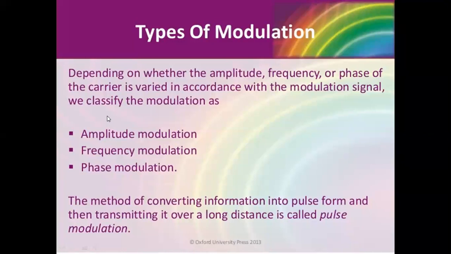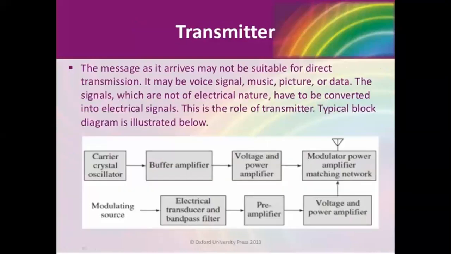That is, when the amplitude of the carrier varies according to the modulating signal, that is amplitude modulation. When the frequency of the carrier varies according to the modulating signal, that is frequency modulation. When the phase of the carrier varies according to the modulating signal, that is phase modulation. So those are the types of modulations.